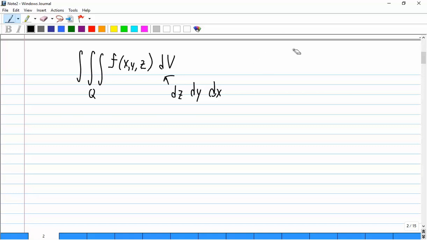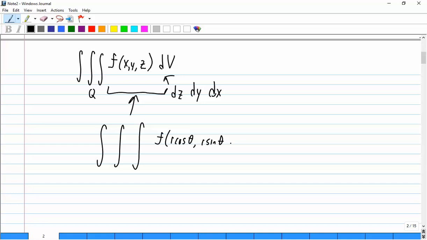So what we have to do, though, is change this whole thing over to polar. When we change that over to polar, not polar, but cylindrical, we're going to have f of r cosine theta, r sine theta, z. That would be like x, y, z.